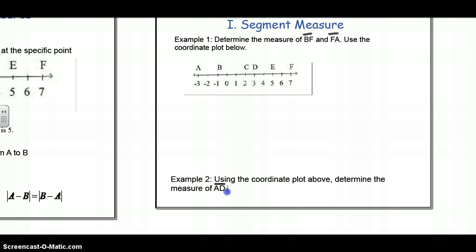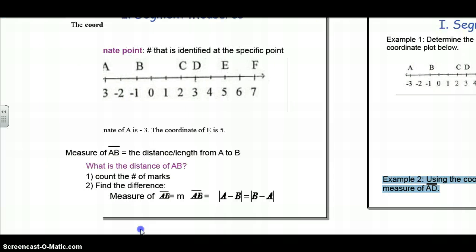So the answer to this one you should have gotten: AD, we would do -3 minus 3. So that is a total of 1, 2, 3, 4, 5, 6 marks. So the line AD, the length is 6.